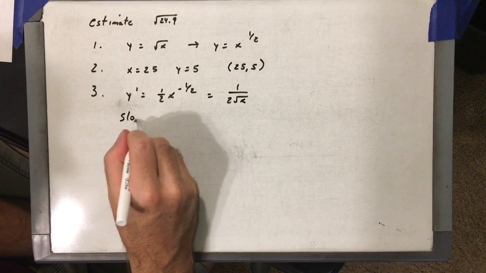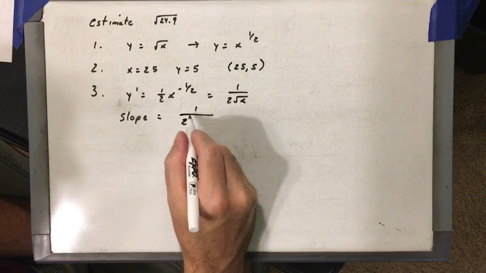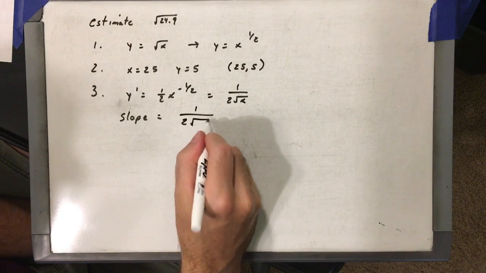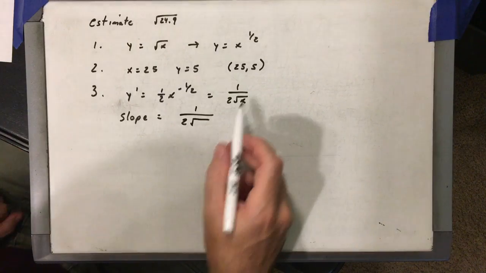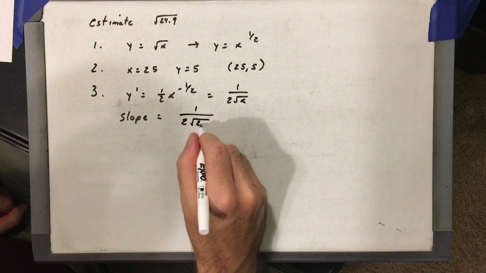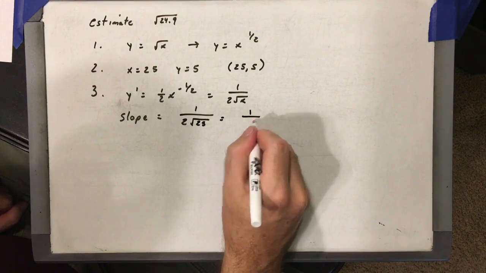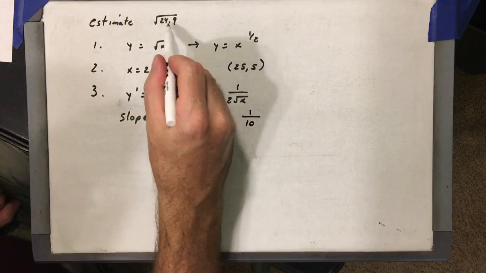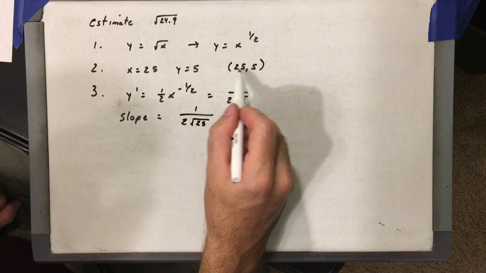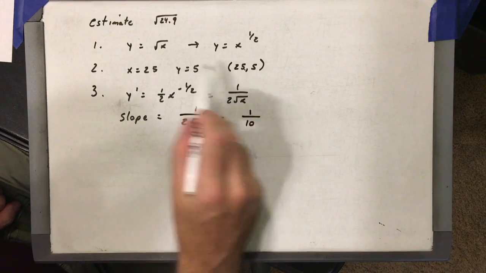So slope is going to be 1/2 times the square root of x here. So that's going to be 25. So that is 1/10. Okay, now you don't plug this one into the end, okay? We're plugging in this, getting our tangent line equation for a point nearby.